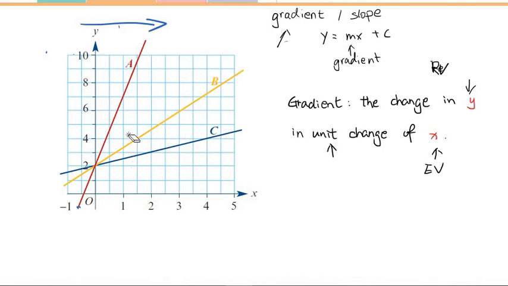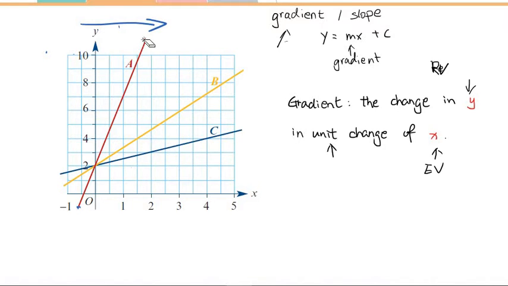The vertical axis reading is increasing, so y is increasing when x increases. The relationship between the change of x and the change of y is a positive relationship, so our gradient is positive.